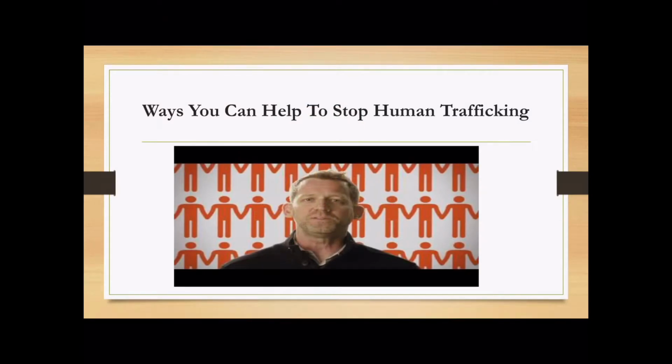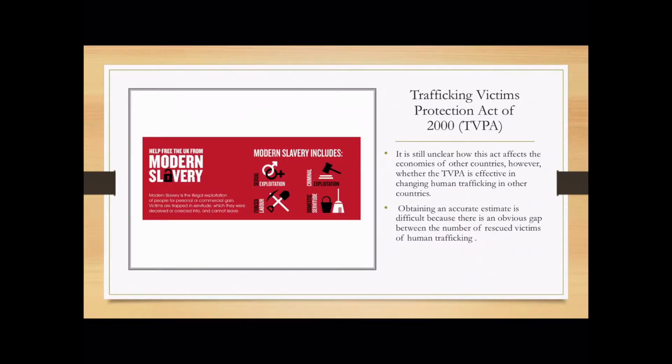One point mentioned earlier was that prior to the Civil War, the economy of the South was heavily reliant on slavery. But in present time, how does the Trafficking Victims Protection Act affect the economies of the countries that traffic slaves into the U.S.? It is still unclear how this act affects the economies of other countries.